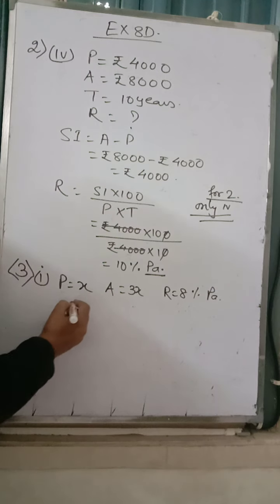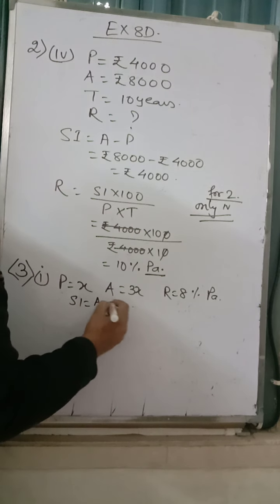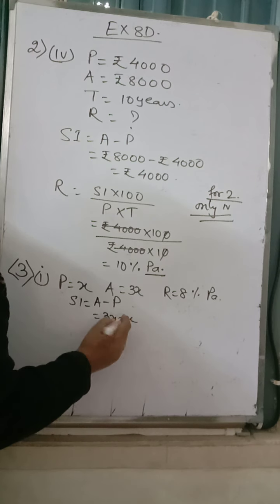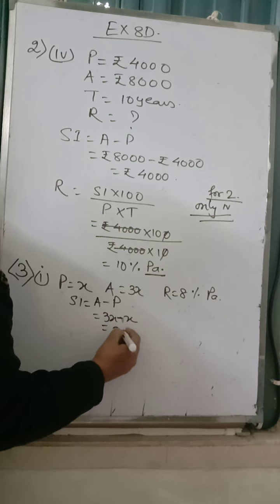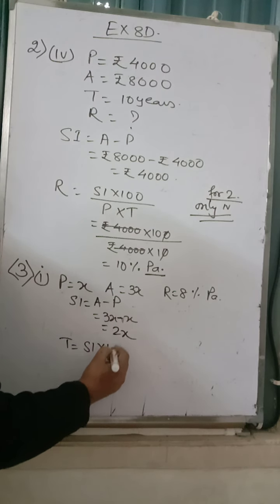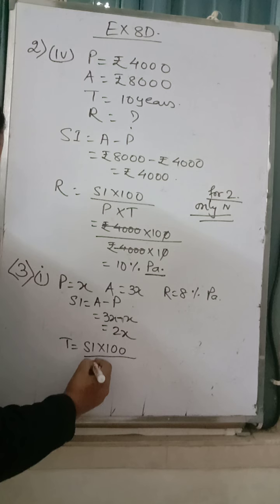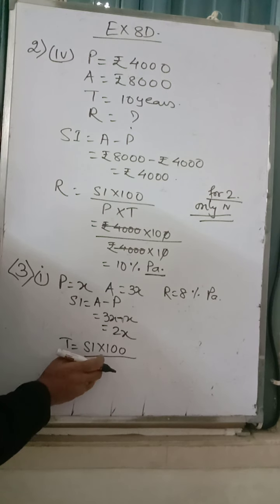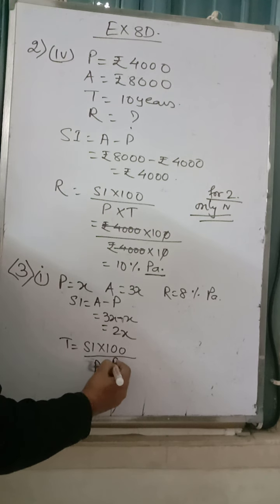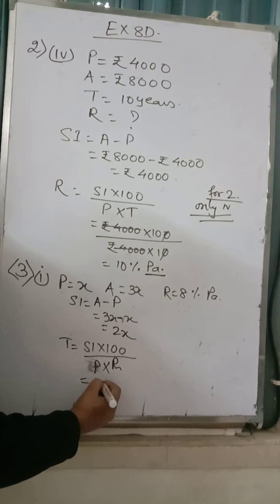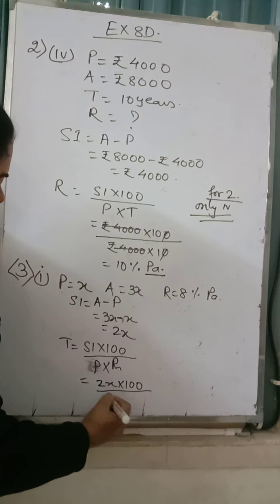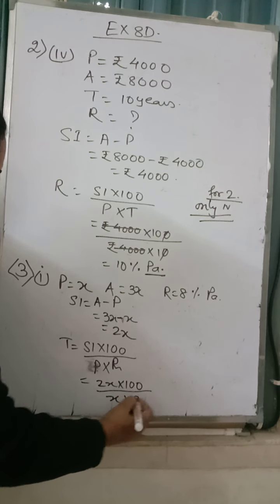Okay, so SI is equal to A minus P, or 3X minus X is equal to 2X. Or T is equal to, we know, SI into 100 by P into R. Or SI we have got 2X into 100 divided by principal, which was X, and the rate was 8%.